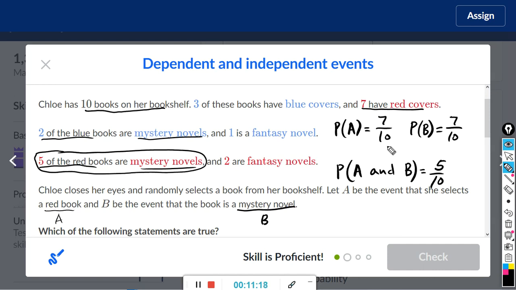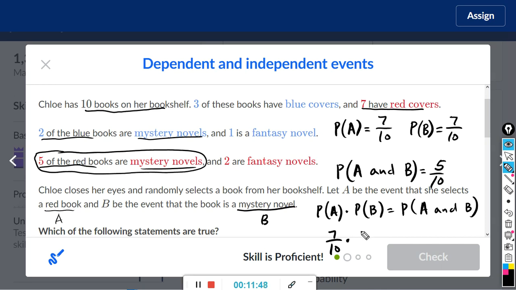So if these events are independent, then the probability of A times the probability of B will equal the probability of A and B. Okay, and we can already see that's not going to be true. All right, so let's multiply probability of A times probability of B. Probability of A is 7 over 10.